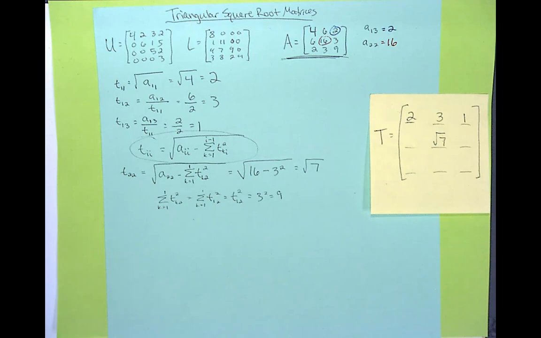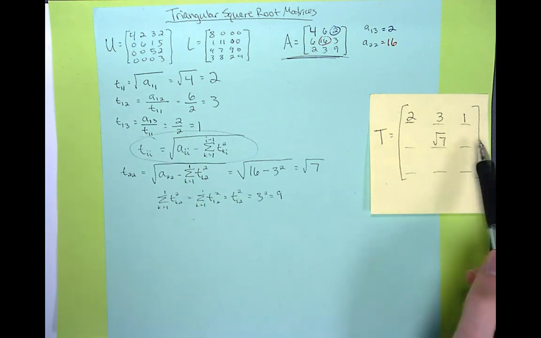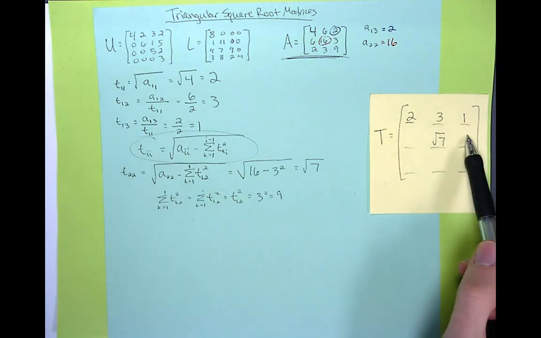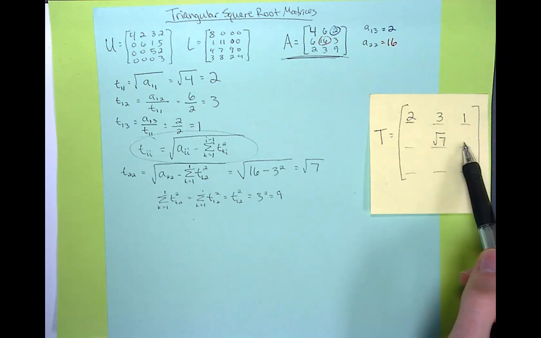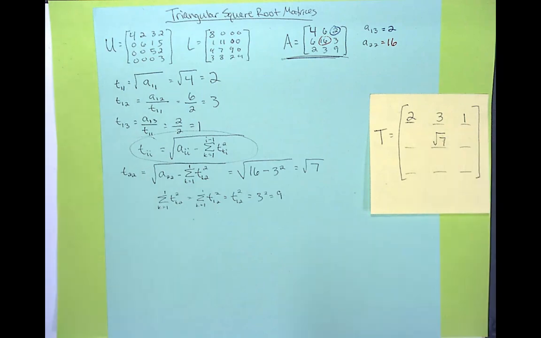Well, if you think that's hard, it actually gets a little bit harder. The remaining entries in the second row, so for this example, it's just this one that's left, so T 2,3. So the remaining entries in the second row are found by using this formula.